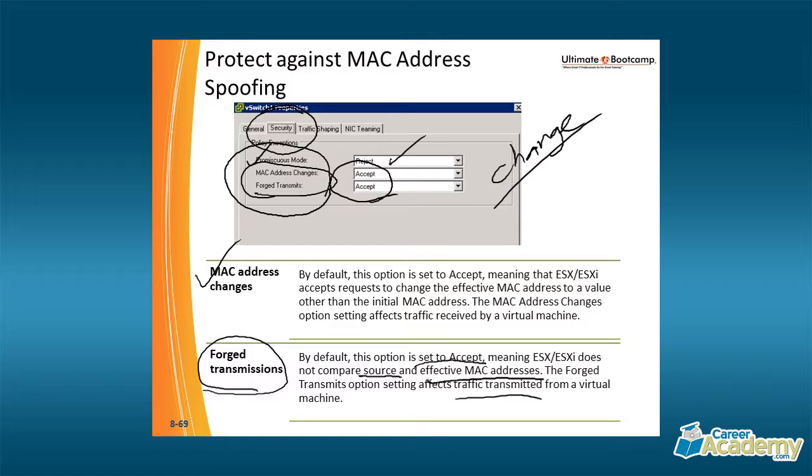Because remember, just because we're doing a man-in-the-middle does not mean that we're changing our MAC address or even forging it. We're just telling one machine that we're somebody else. We're not doing anything out of the ordinary there, so that stuff is not going to fix this here. But we do still recommend that it's a good idea to set this to reject. It will at least keep some other users from causing some other malicious activities outside of some of the attacks that we talk about.